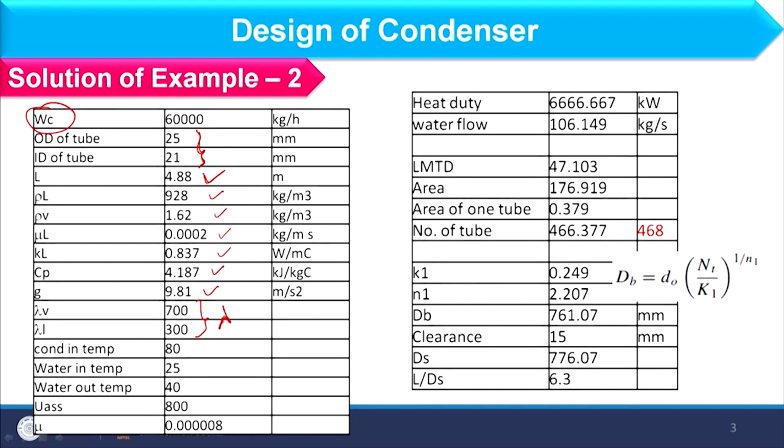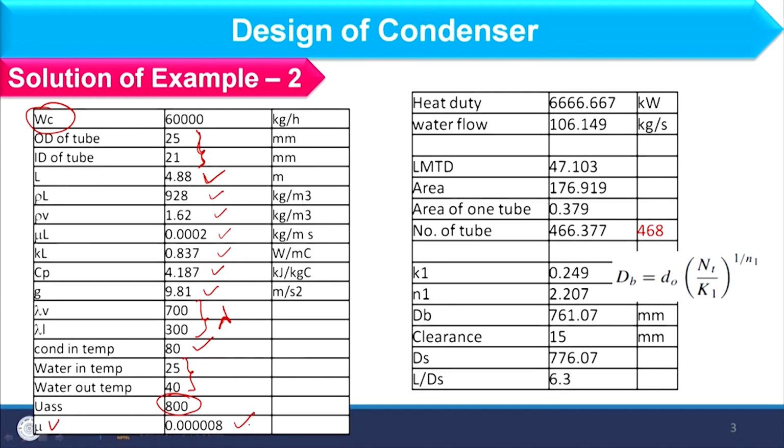The difference of these two will give the lambda value. Condensation is carried out at 80 degrees Celsius, and water is available from 25 to 40. The assumed overall heat transfer coefficient is 800, and the viscosity of vapor is given as this value.